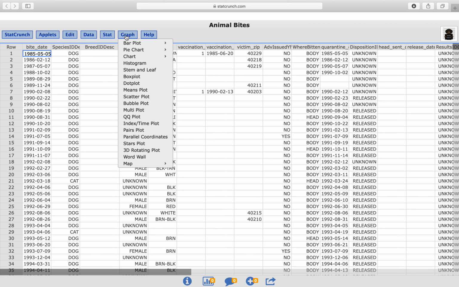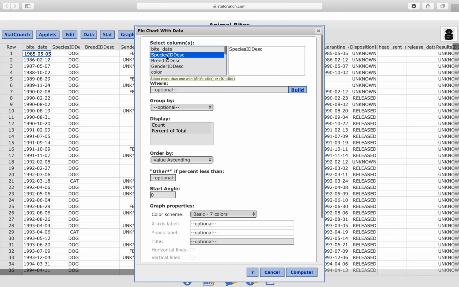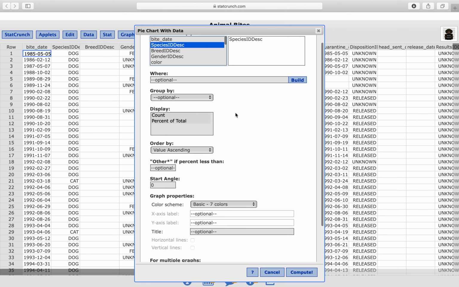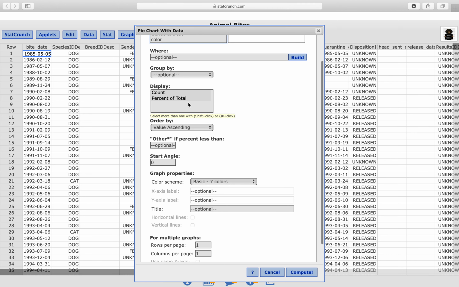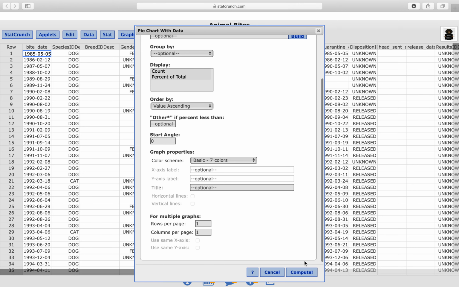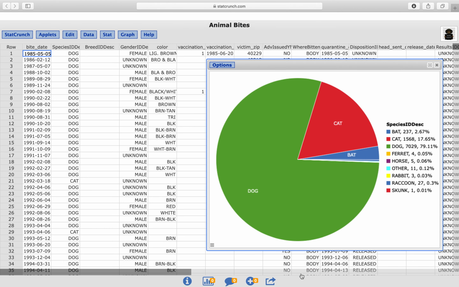If we go into Graph, and then click on Pie Chart with Data, this will use the data we have here. We click on species, which is our species column, and we want to make a pie chart for this. You can see that it'll show us the count and the percent of the total. We're just going to leave this at the default and hit Compute.